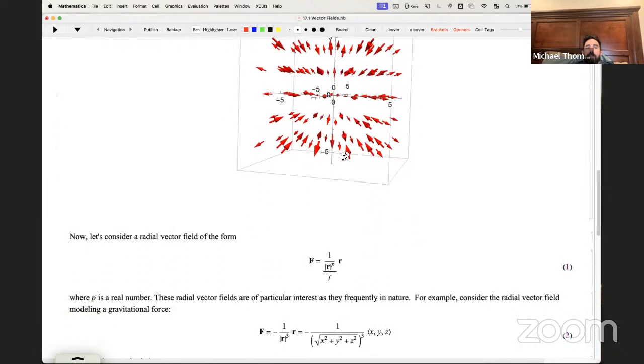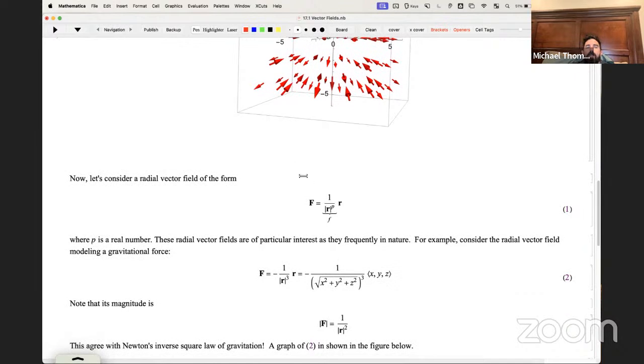All right. Now, let's say that we have a vector field that happens to satisfy this form. So in other words, there's your radial vector xyz, and let's say that you take the magnitude of that xyz vector, raise it to the pth power, and use that for the scalar function sitting out front.